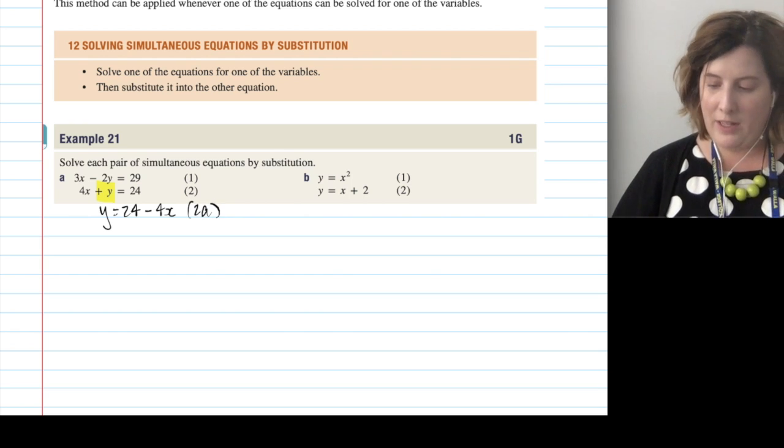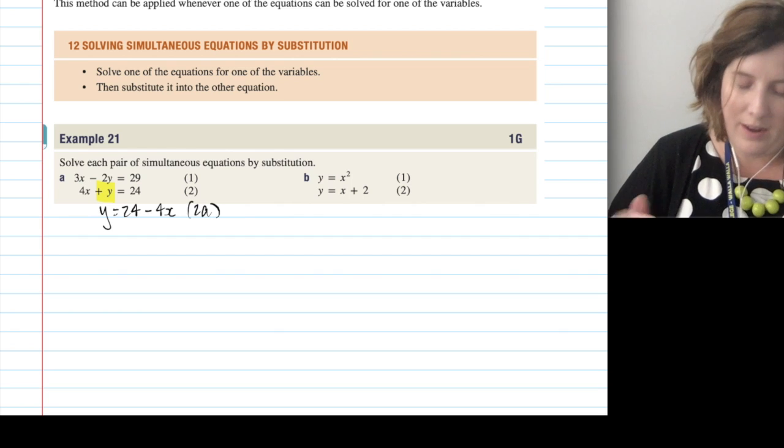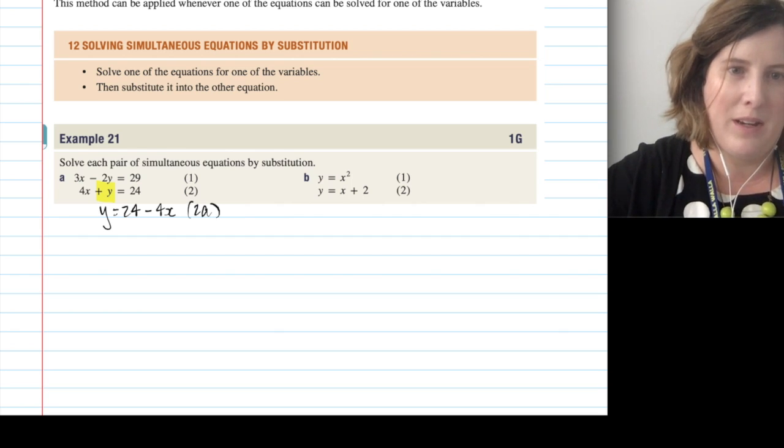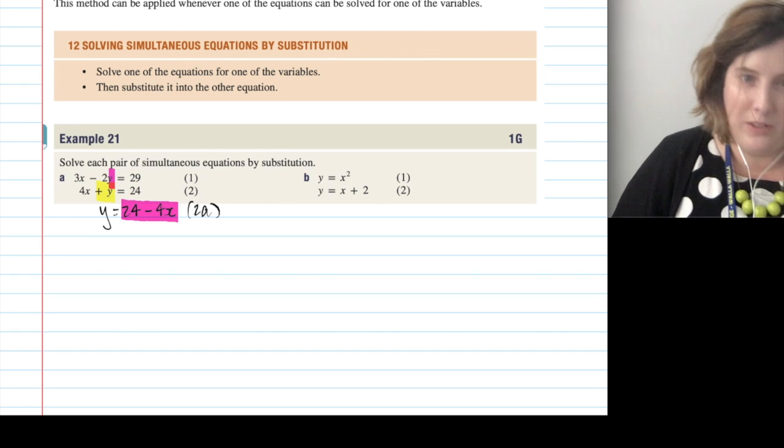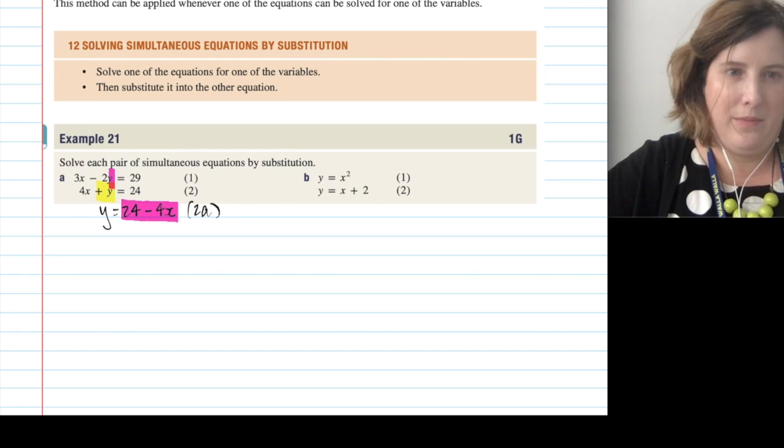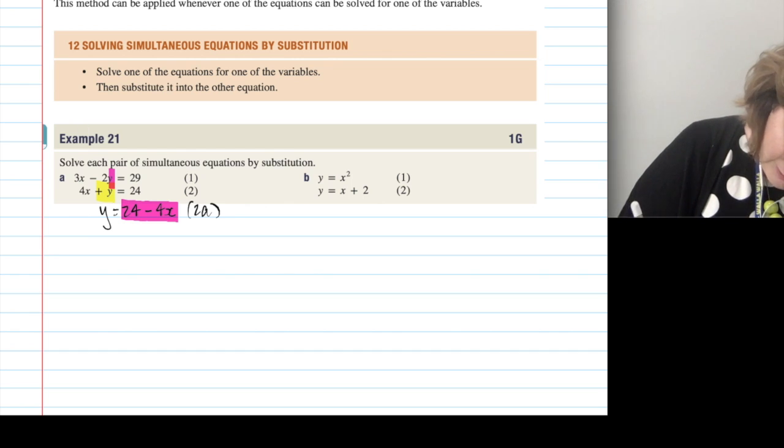So now I have one of the equations where it's y equals something. I can then substitute this whole equation that I've just made in for y in the first equation. So I'm going to write myself an instruction: sub 2a in equation 1.